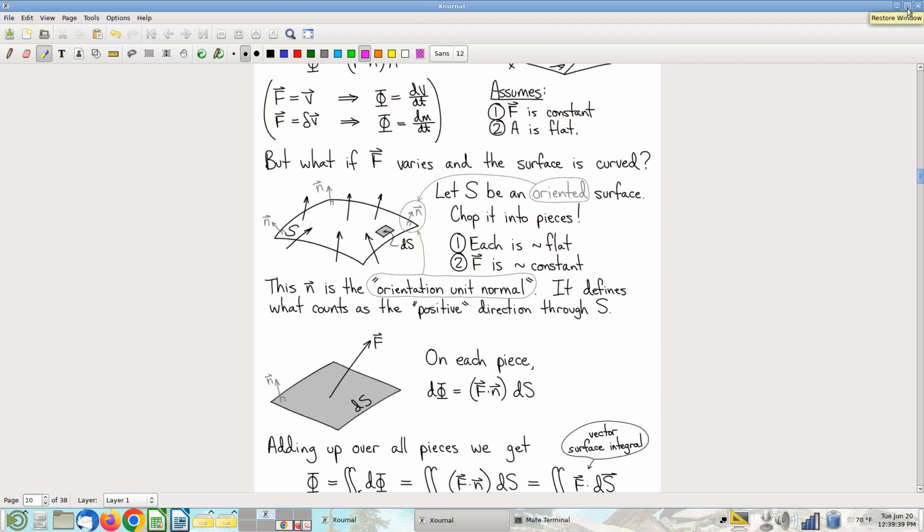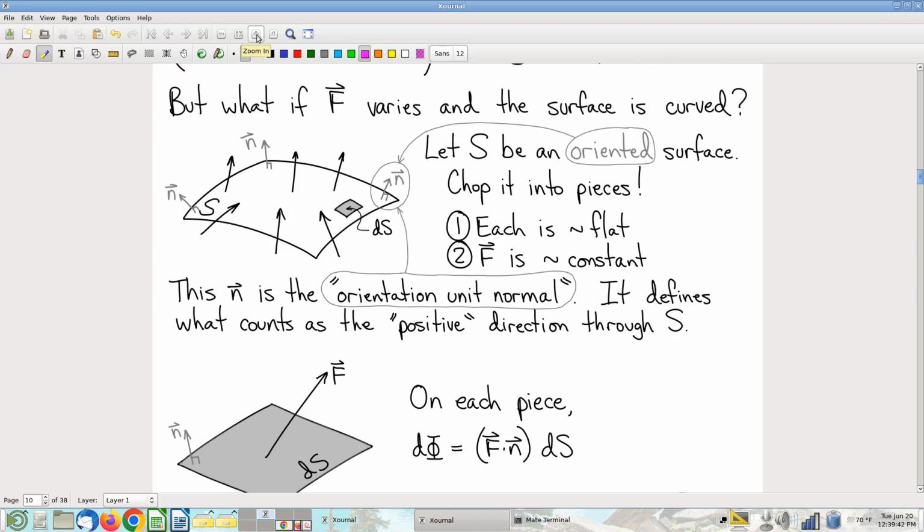So same story over here. Looking at a piece of surface, if I want to talk about how much flux there is through that little piece, which direction are you talking about? It's really not obvious. You could mean that this is the positive direction through the surface, in which case what I have here is my normal vector for use in that calculation. It could be, maybe.